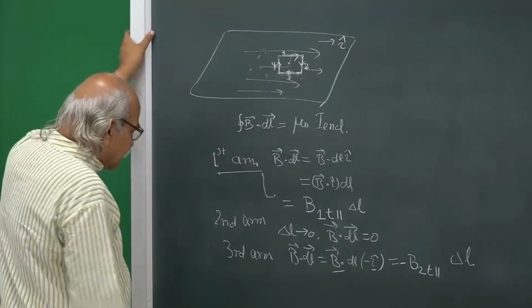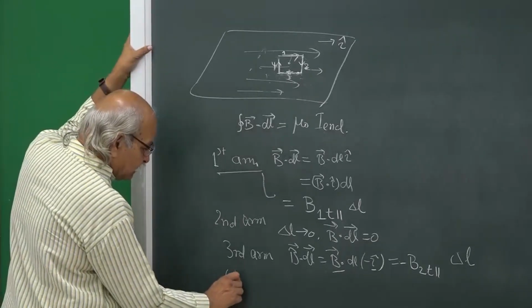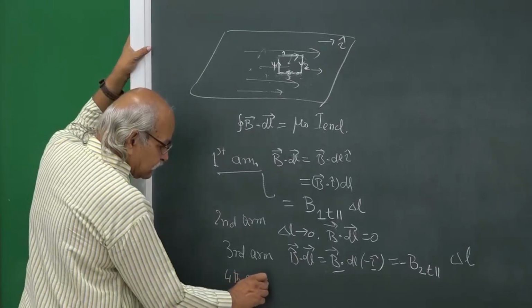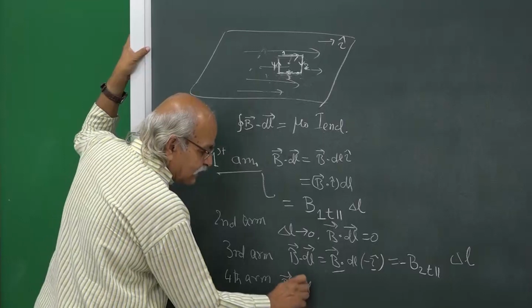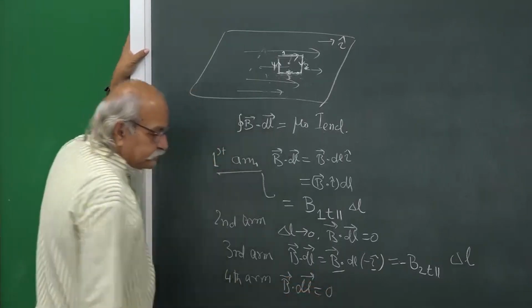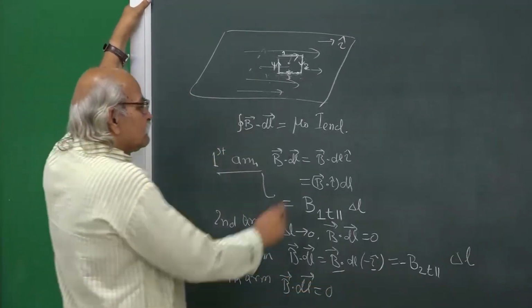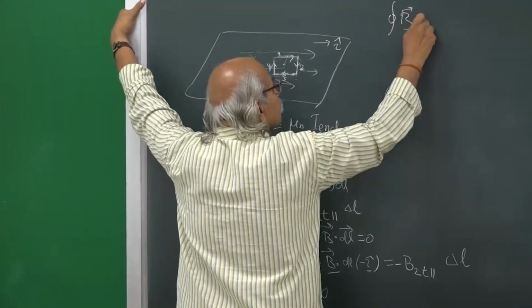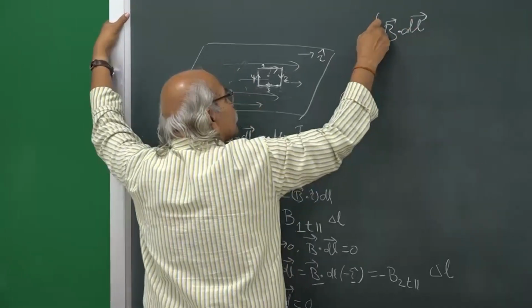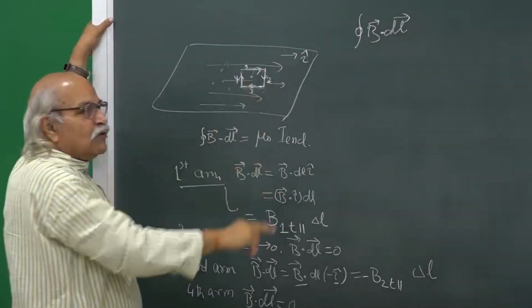Now, the fourth arm is 0. This B dot dl is 0, because the length itself is going to 0. What is the total B dot dl? This circle means now I am talking of the entire loop.